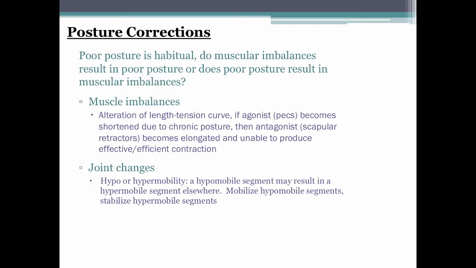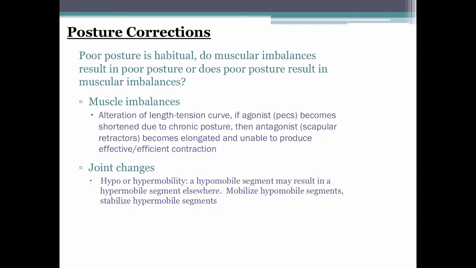So poor posture is habitual. We wonder, do muscle imbalances result in poor posture, or does poor posture result in muscular imbalances? Muscular imbalance is an alteration of the length-tension curve. If an agonist, let's say the pectoralis, becomes shortened due to chronic posture, then the antagonist, the scapular retractors, become elongated and unable to produce effective, efficient contraction.